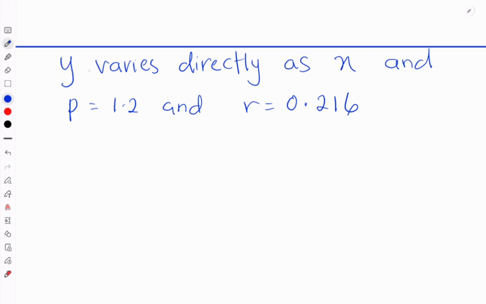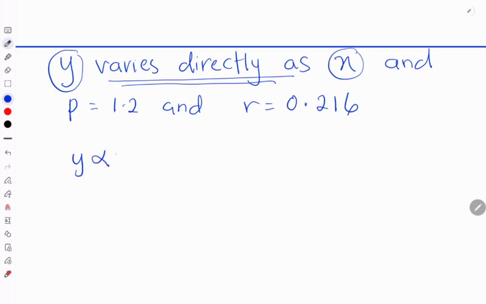When you have this information, you must write it in relation form: y varies directly as x. This is the first outcome that you must be able to do. Make sure all of you can write it in relation form.